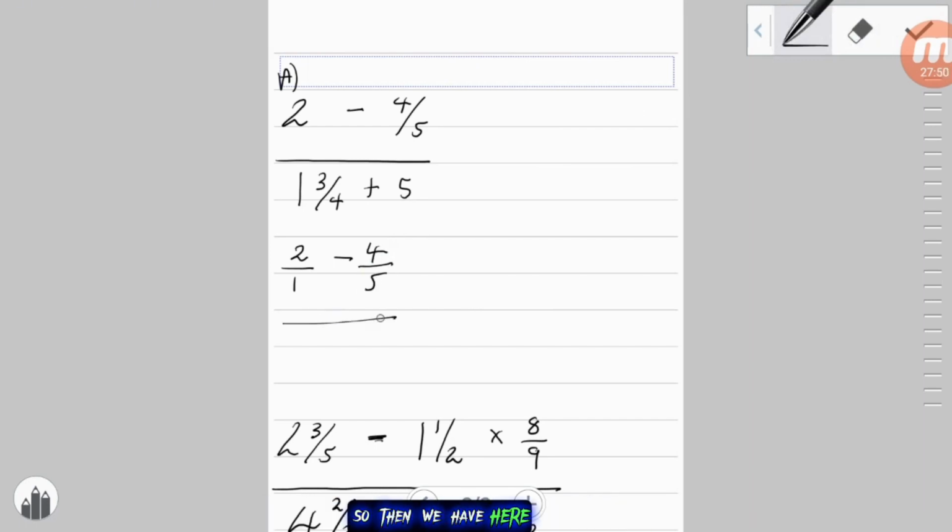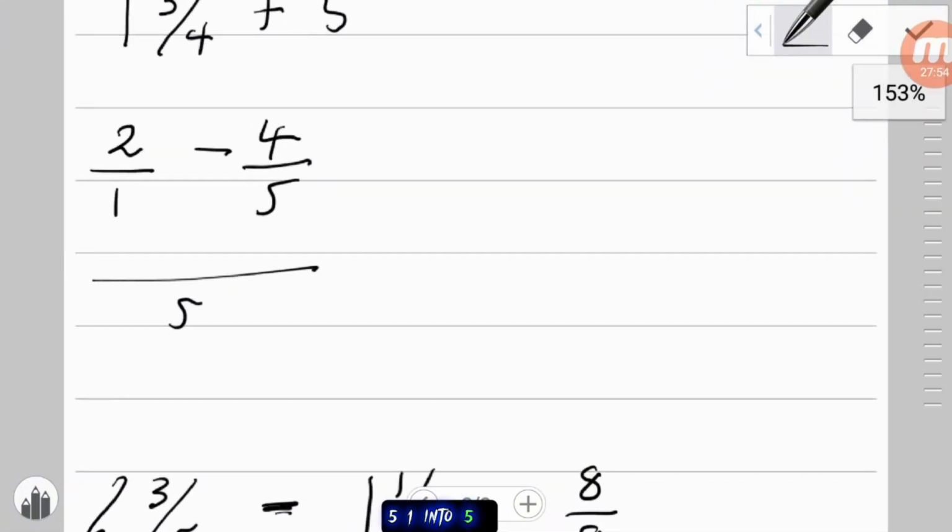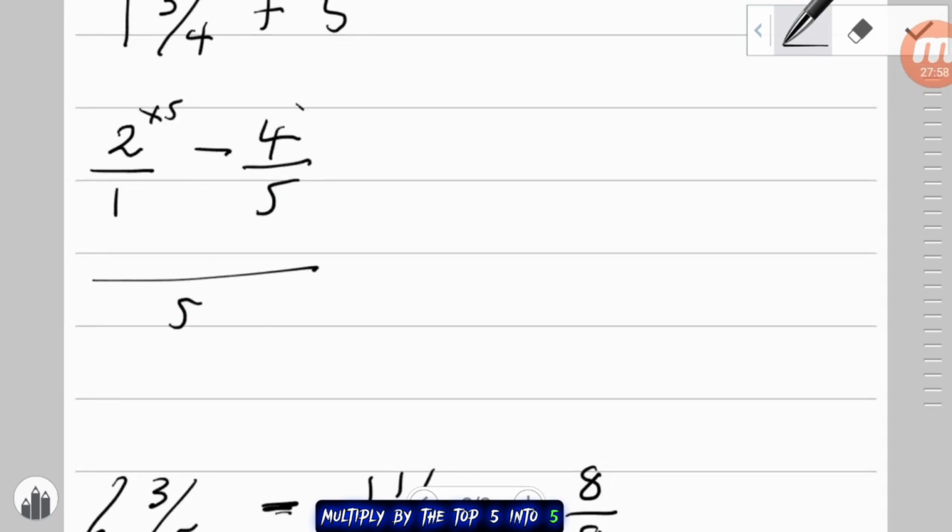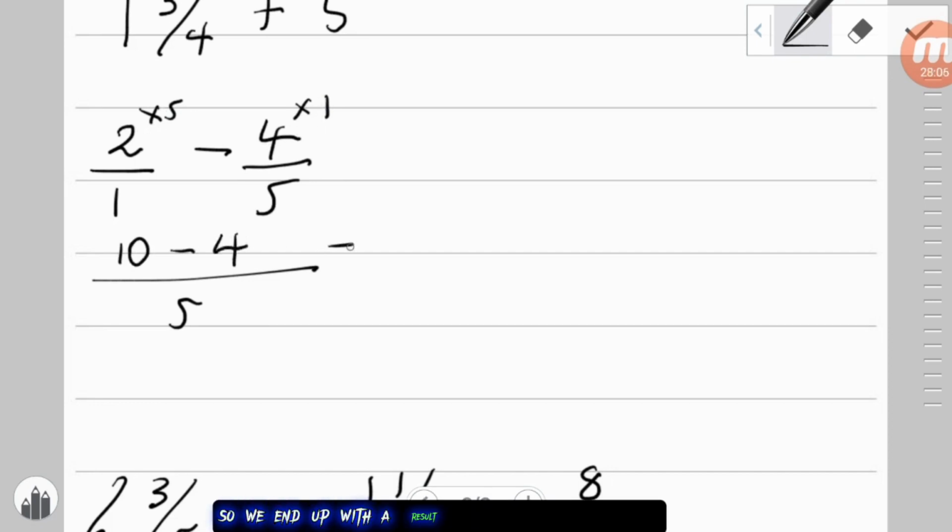So then we have here 5. 1 into 5, 5 multiplied by the top. 5 into 5, 1 multiplied by the top. 5 twos is 10, and 4 ones is 4. So we end up with a result for the top of 6/5.